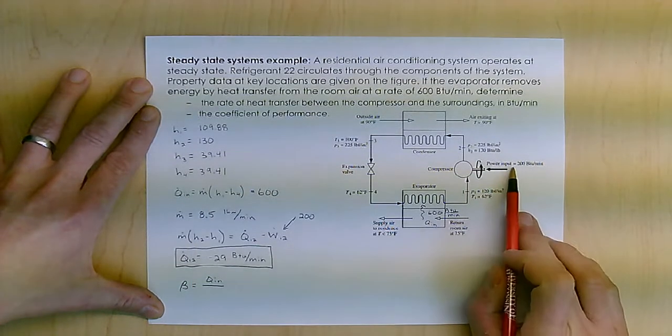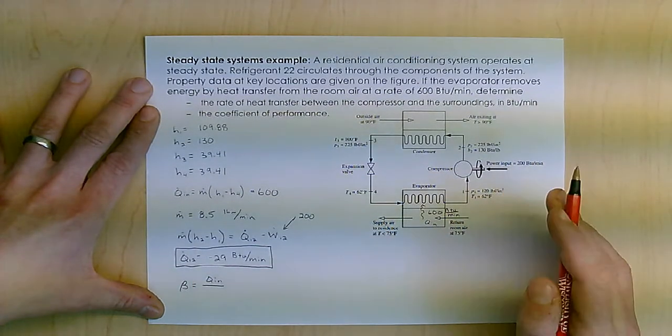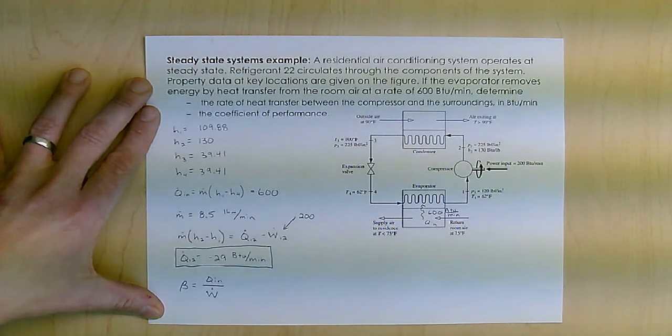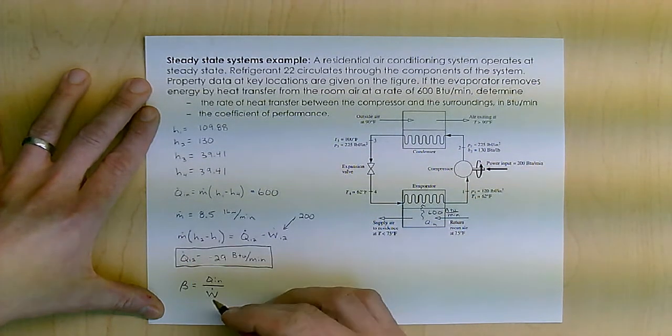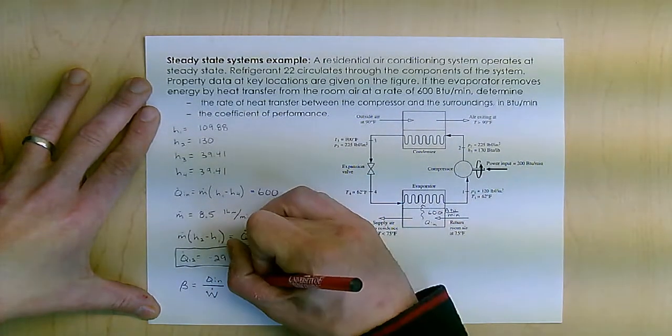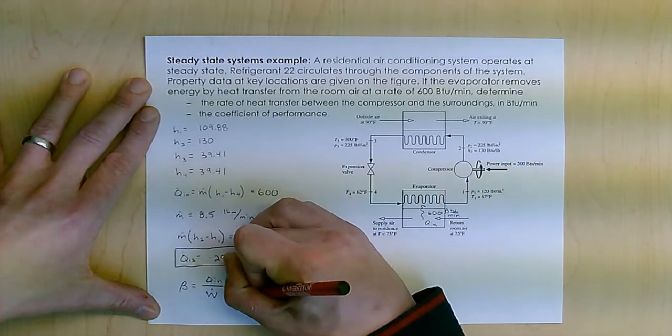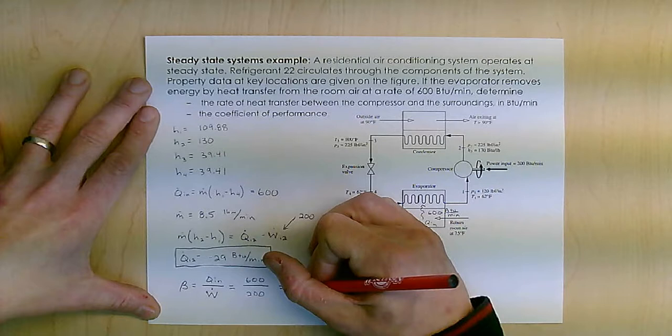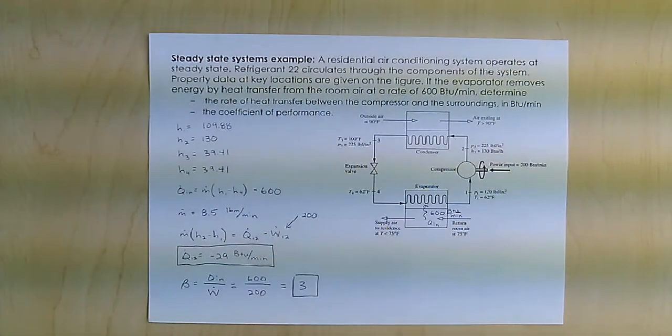My input is the power, the work put in. I have both of these. I don't need any of my H values because I know Q in is 600 and I know the work is 200. Therefore, my coefficient of performance is 3.